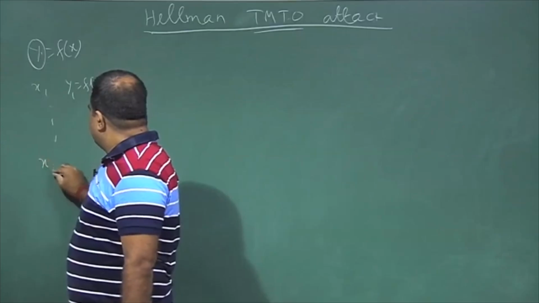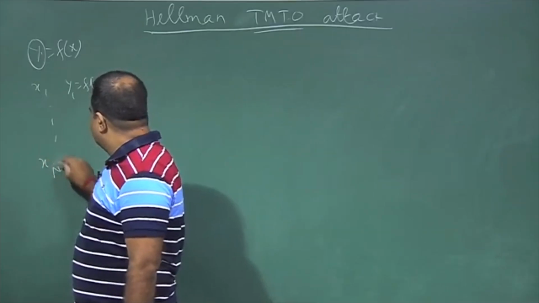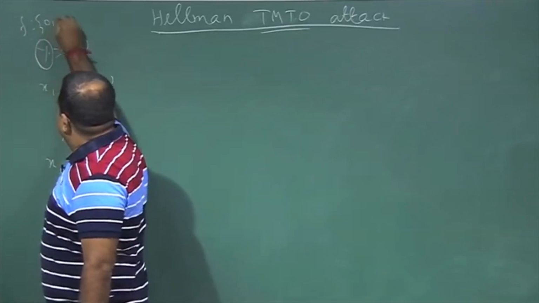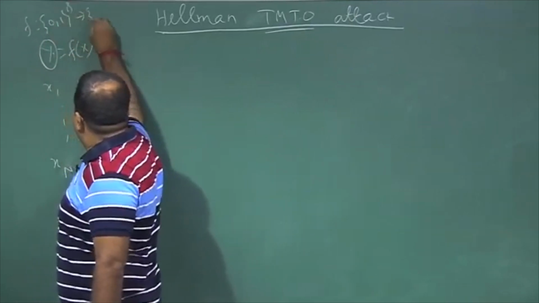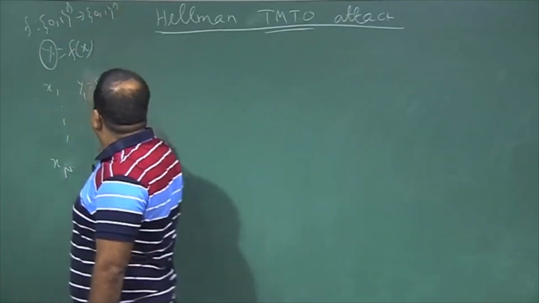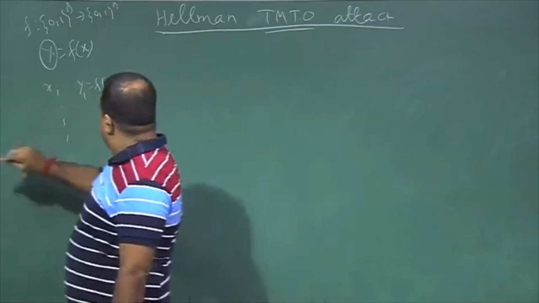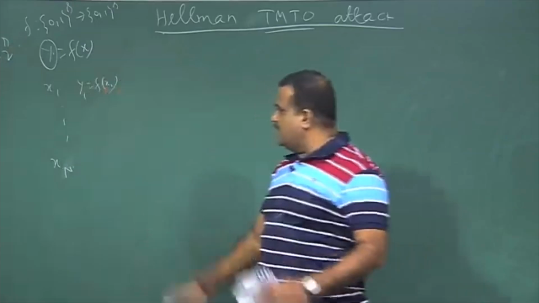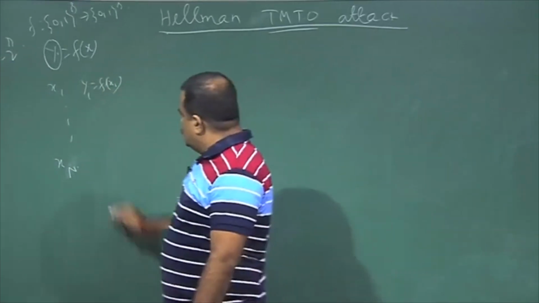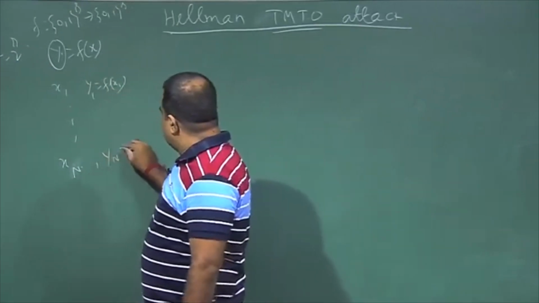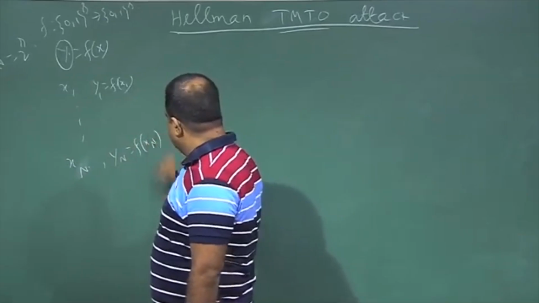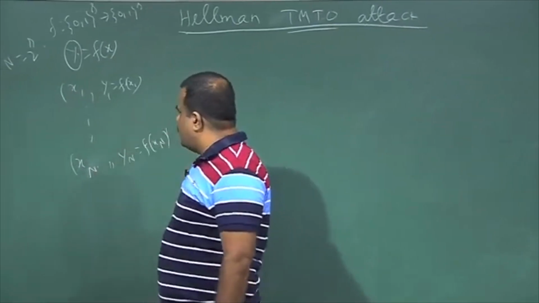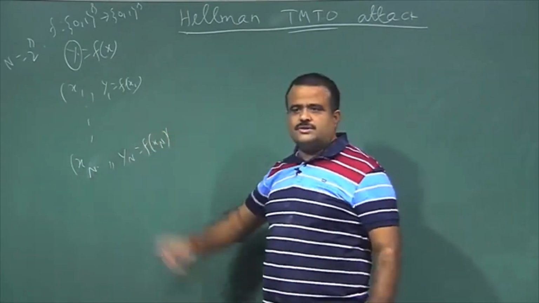If f is from s bits to s bits, then we have N equal to 2 to the power s possible values. So, we store all xn and yn equal to f of xn.